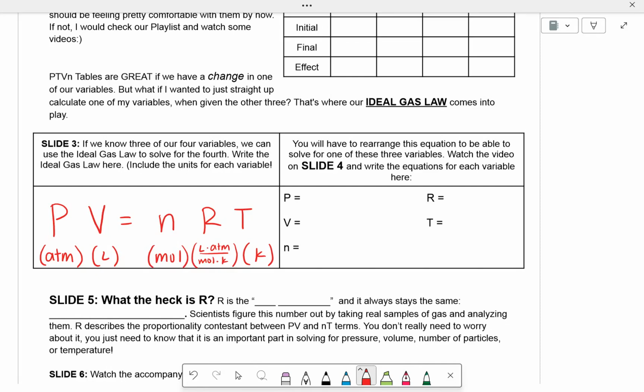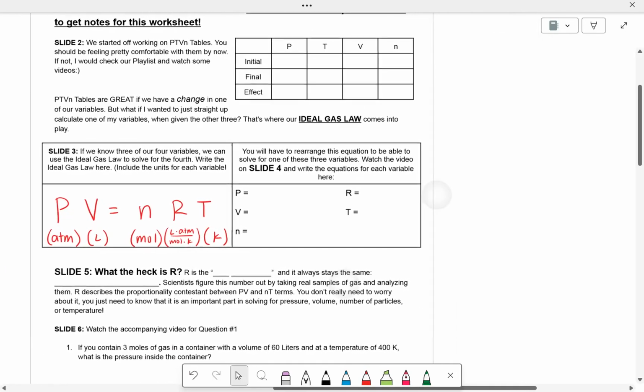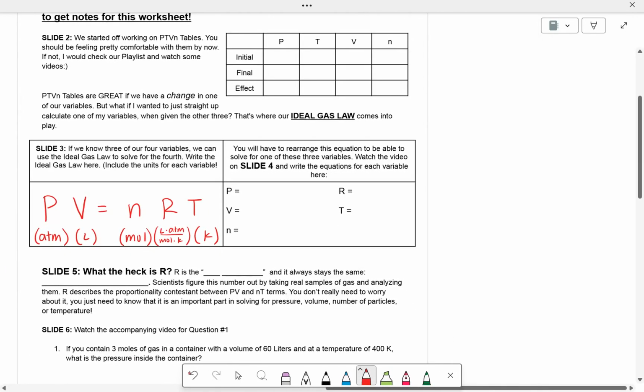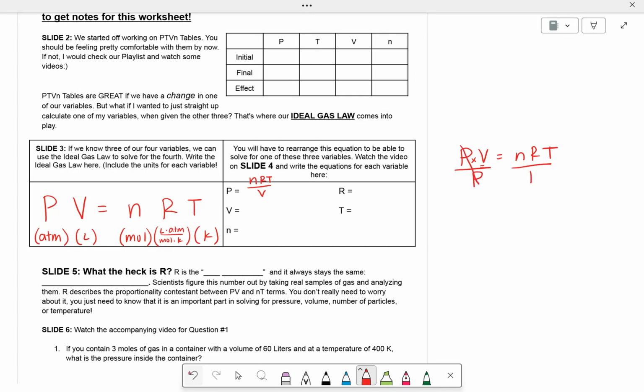So if we have to rearrange this equation to solve for all the other variables, for pressure we end up with nRT divided by V. If we want to solve for V, get V by itself, we have to get rid of P, pressure. Do the opposite, divide both sides by P: V equals nRT divided by P. If we want to get N by itself, number of particles, this time we're going to focus on this side of the equation.